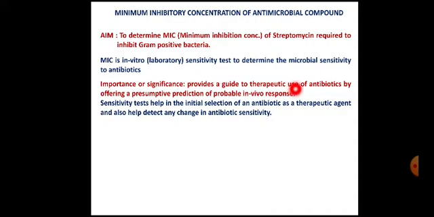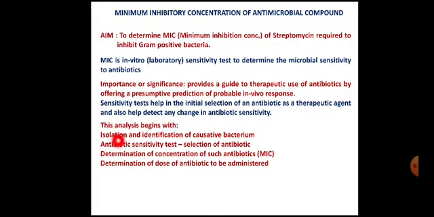That means we decide the therapeutic use, meaning the dose and concentration of antibiotic that can be predicted to be effective against that particular infection. The antibiotic sensitivity test helps in the initial selection of antibiotic as a therapeutic agent, and also helps to detect any change in antibiotic sensitivity.